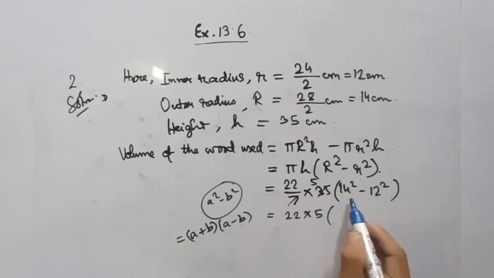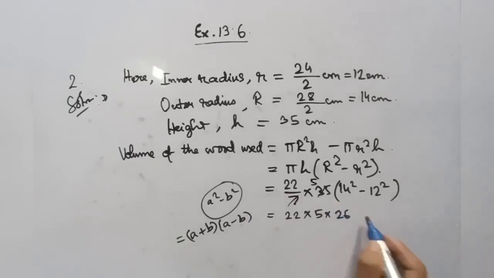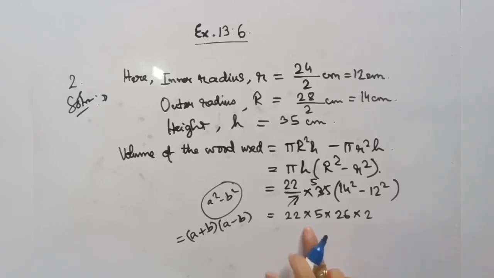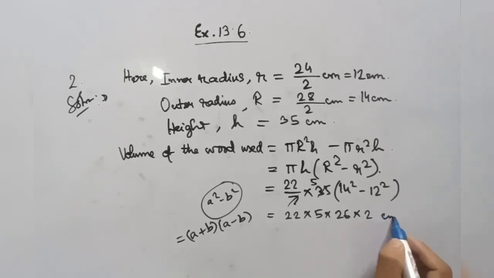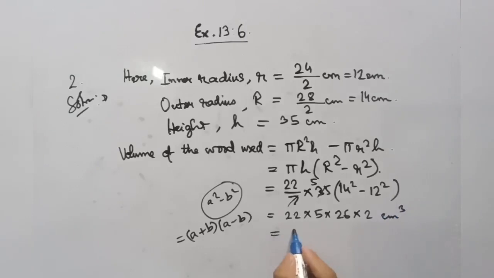So 14 plus 12 will be 26 into a minus b, that is 14 minus 12 will be 2. So the volume of the wood used will be 22 into 5 times into 26 into 2 times. Since this is volume, the unit will be centimeter cube. Multiplying all this, we will get 5720 centimeter cube. This is the volume of the wood used.